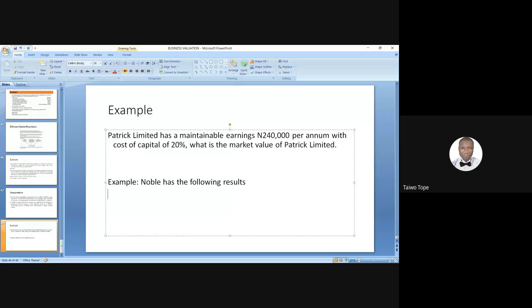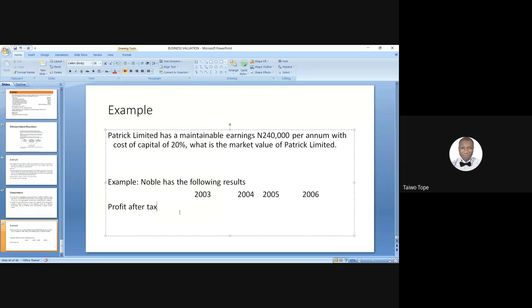We have 2003, 2004, 2005, 2006, and also the profit after tax for each of the years.